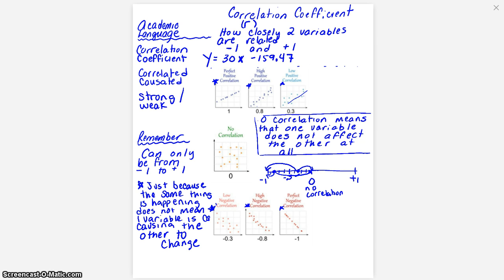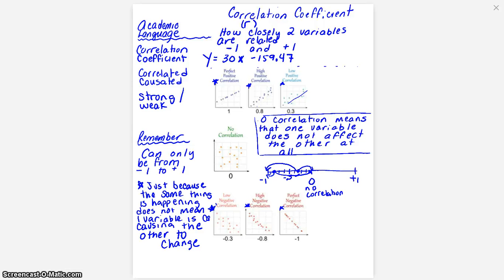And the y-intercept: if it is 0 degrees out, I lose $159, because it's negative 159. So if it's 0 degrees, I'm actually losing money. I'm not making any money in my ice cream shop.